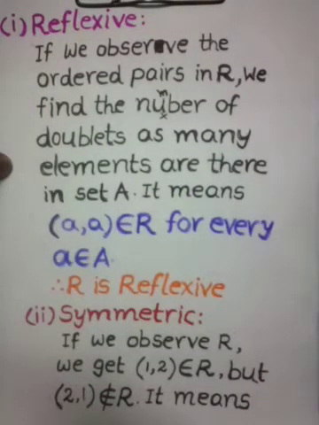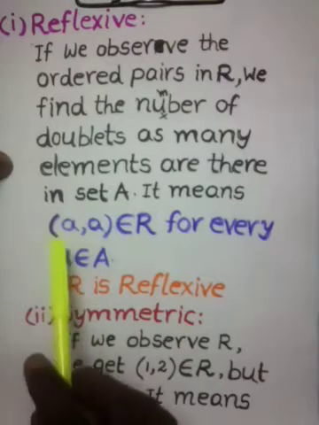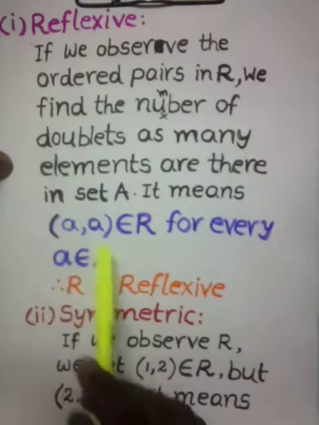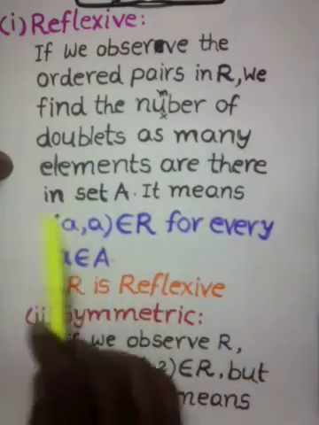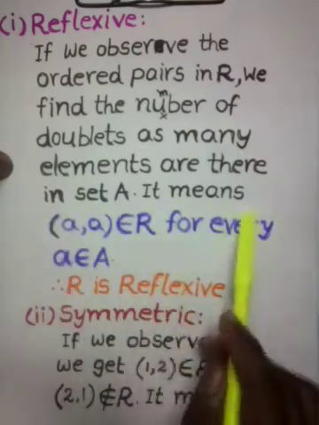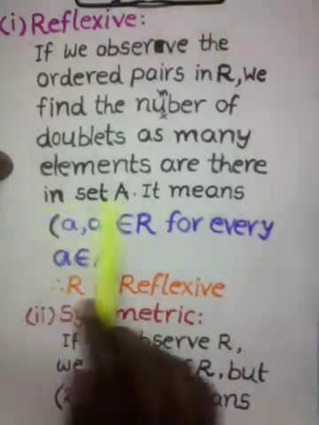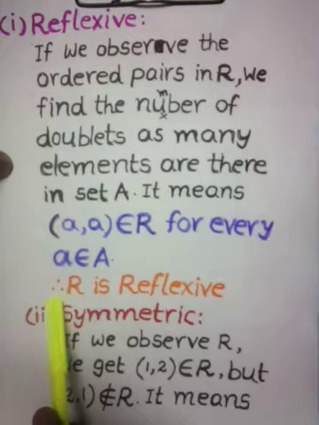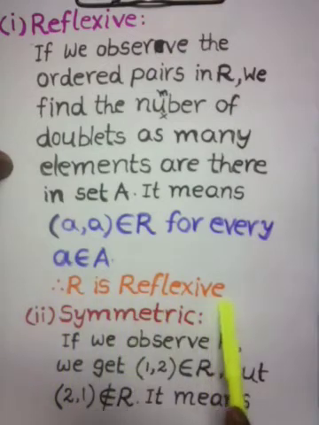There are as many doublets as there are elements in the set A. Therefore, (a, a) belongs to R for every a belongs to A. This is nothing but the definition of a reflexive relation. The given relation satisfies this property. Therefore, we can say that R is a reflexive relation.